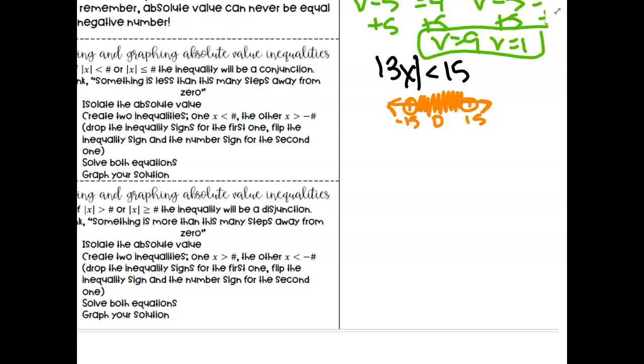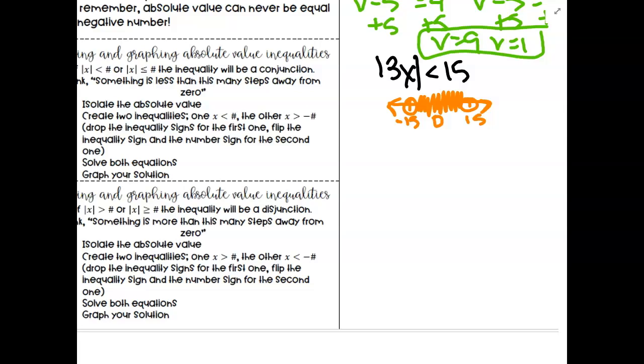What I have to do, I know that 3x could be any number in here. 3x could be 0, 3x could be 1 or -1, 3x could be 10 or -10, 3x could be 14 or -14, 3x could be any number in here.